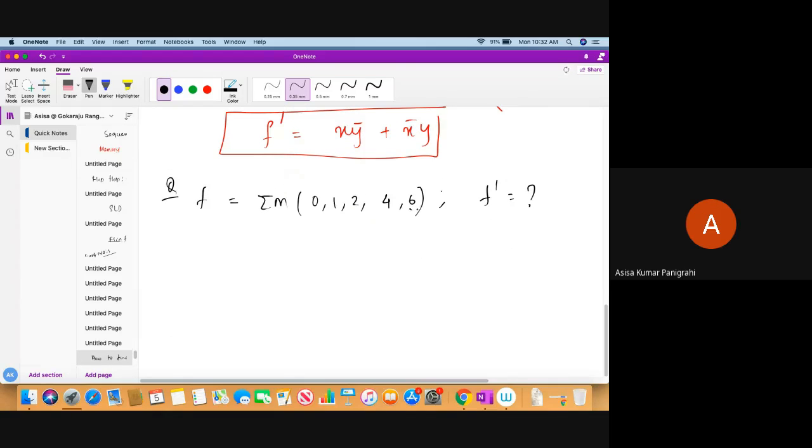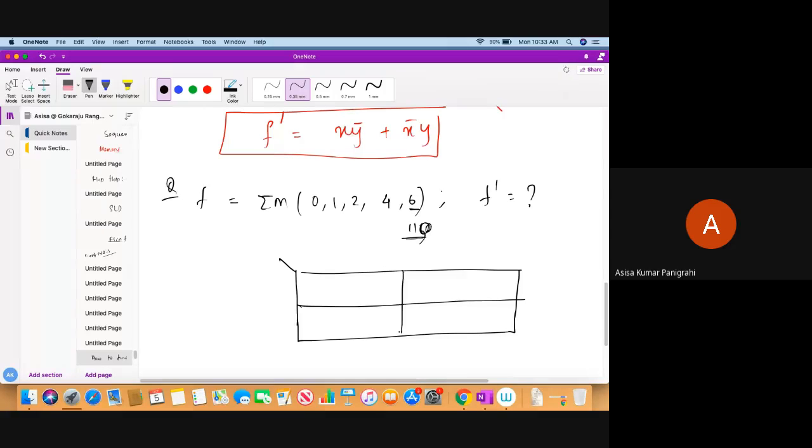We need 6, which can be constructed using 110, so we need a 3 variable KMap. For a 3 variable KMap, I need 8 cells, so I construct this with 8 cells. X, Y, Z I have taken: Y bar Z bar, Y bar Z, Y Z, Y Z bar, X bar, and X. The min term positions are 0, 1, 2, 3, 4, 5, 6, and 7.